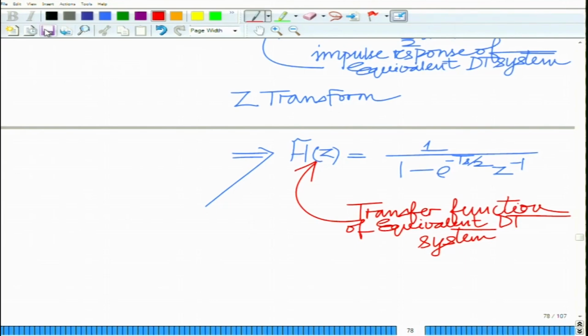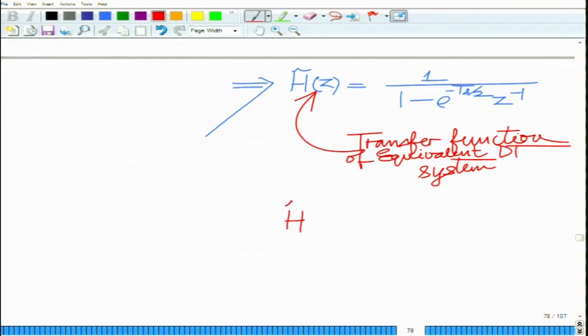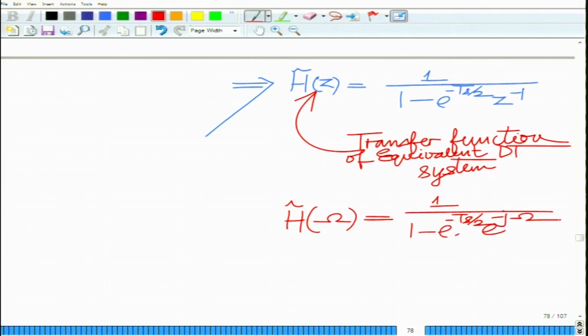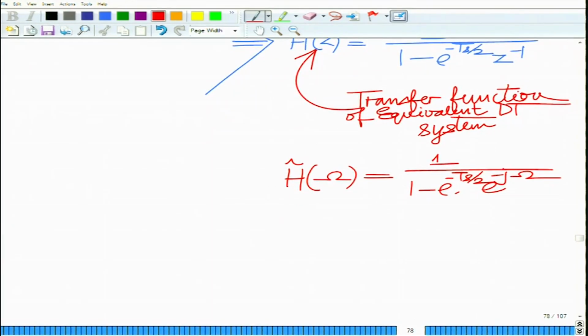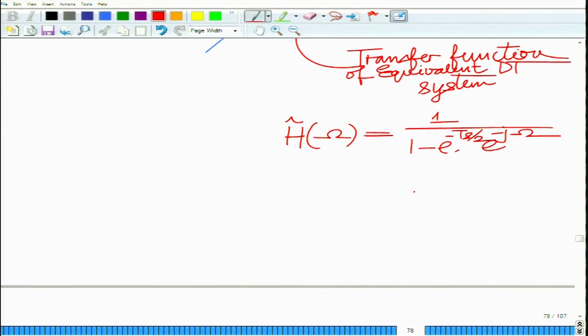Now, one can derive the discrete time Fourier transform, the DTFT, by replacing z by e raised to j omega, we know that. So, H tilde(omega) is one over 1 minus e raised to minus Ts over 2 e raised to minus j omega, or 1 over 1 minus a e raised to minus j omega, where we have already seen a is e raised to minus Ts over 2. And now we can also find the difference equation as follows.